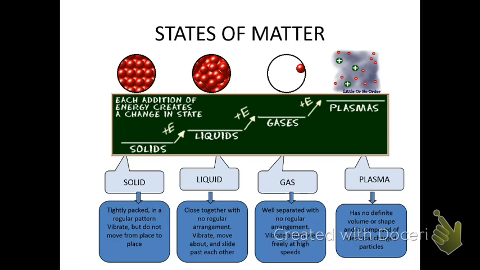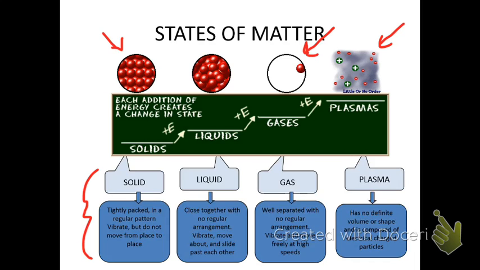And so again, you don't necessarily have to take these notes. This is probably just a good summary slide to go back to, but you should have all these notes already. Solid, liquid, gas, plasma, and it talks about whether they're tightly packed, like here, or loosely packed here, or then of course plasma, little or no order.